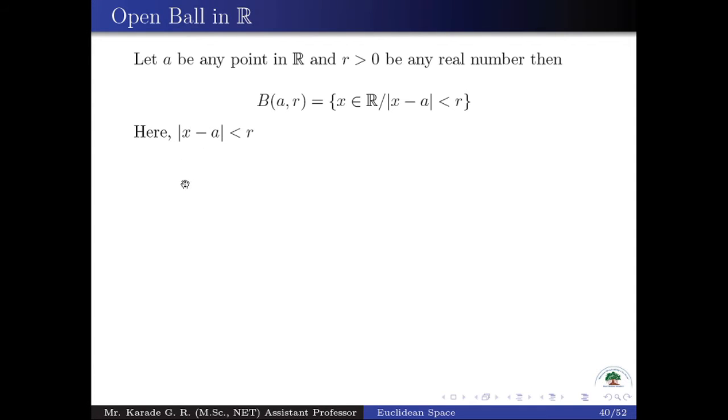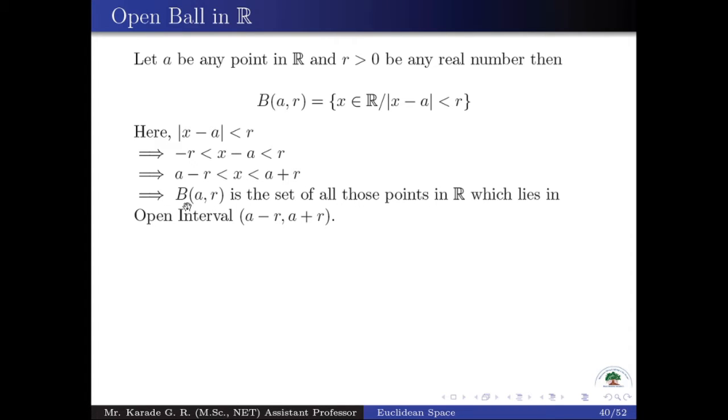If we consider this term only, modulus of x minus a is strictly less than R, then by property of modulus we can write x minus a is greater than minus R and less than R. If we add a in each term, we get a minus r is less than x and x is less than a plus r.